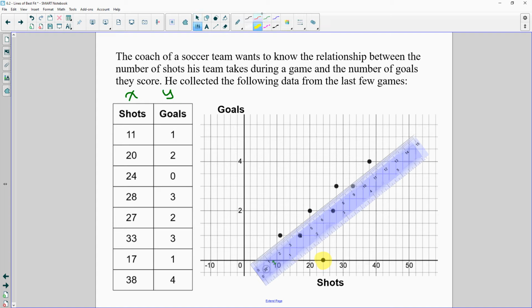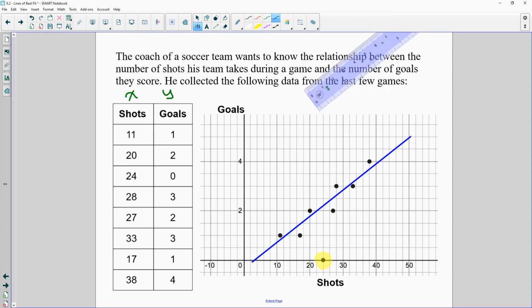So in this case, as I draw my line, something like that seems pretty reasonable to me. Let me move this ruler out of the way. So we can see here that that line appears to be following the same direction, the same trend that my points are. Also note that the number of points I have above and below is about the same.